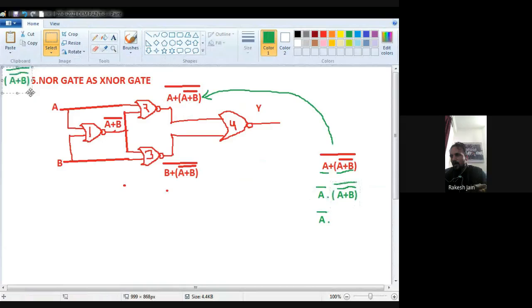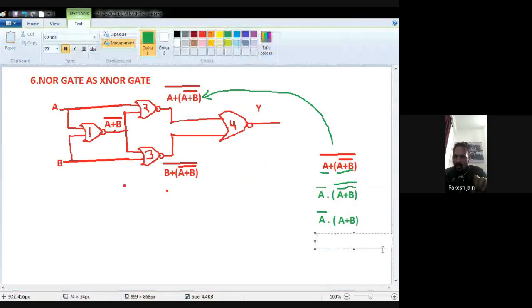So A plus B having a bar to bar, this bar to bar will be cancelled out, and we only have A plus B.